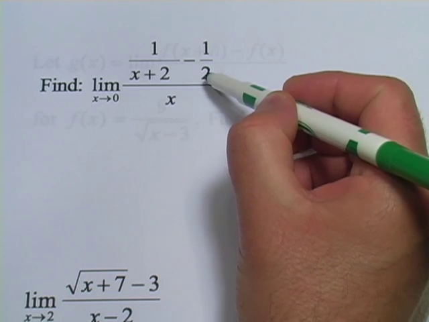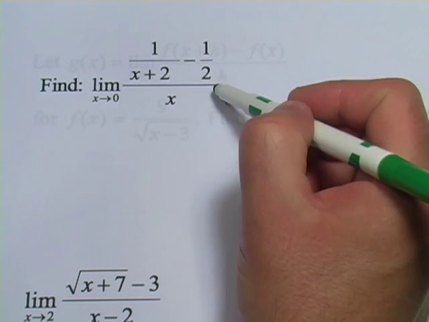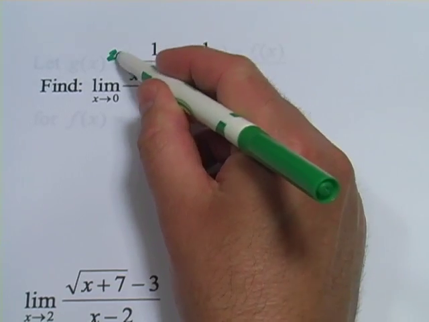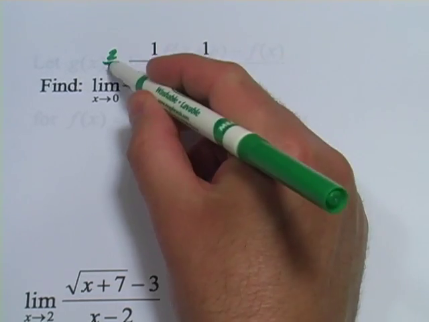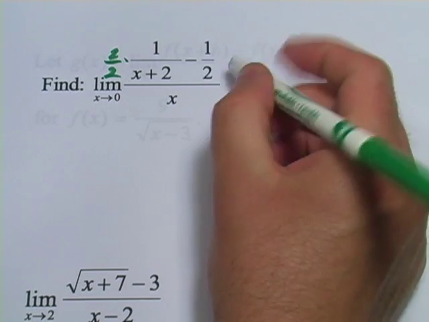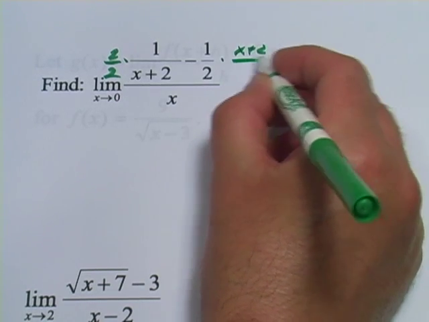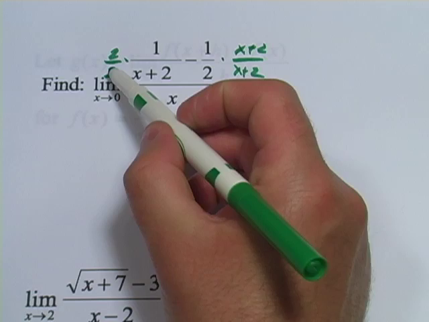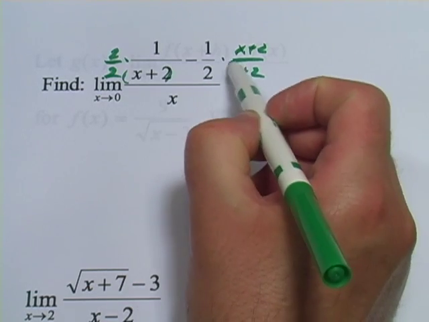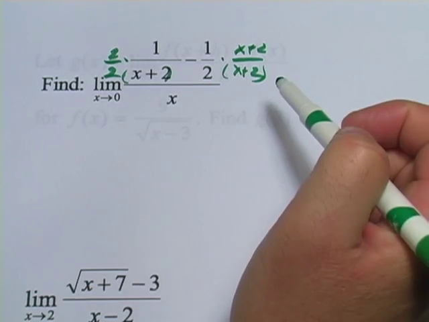So what I'm going to do is give them common denominators. To do that, I would need to multiply this fraction on the left-hand side by 2 over 2, and this one by x plus 2 over x plus 2. And that will give me 2 times x plus 2 on the bottom of both of these fractions.